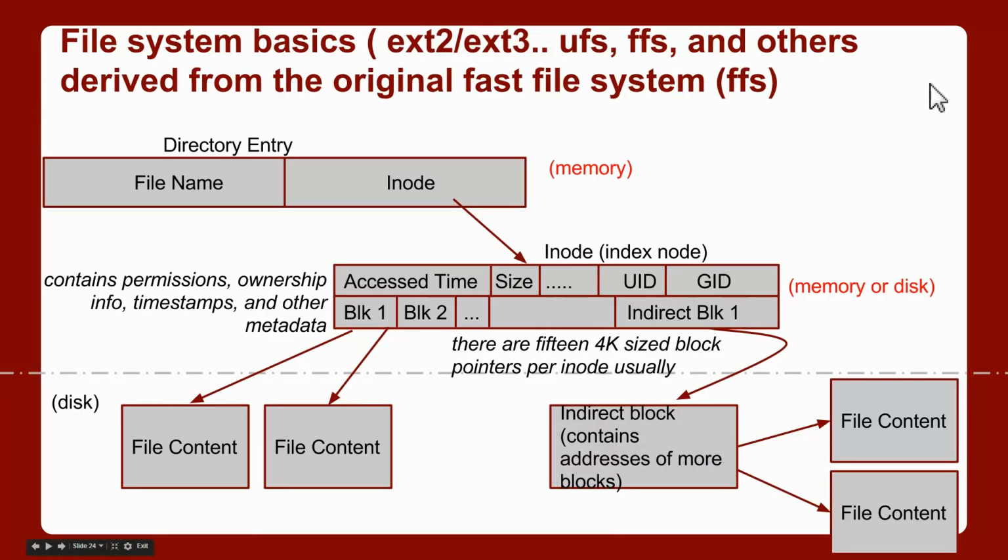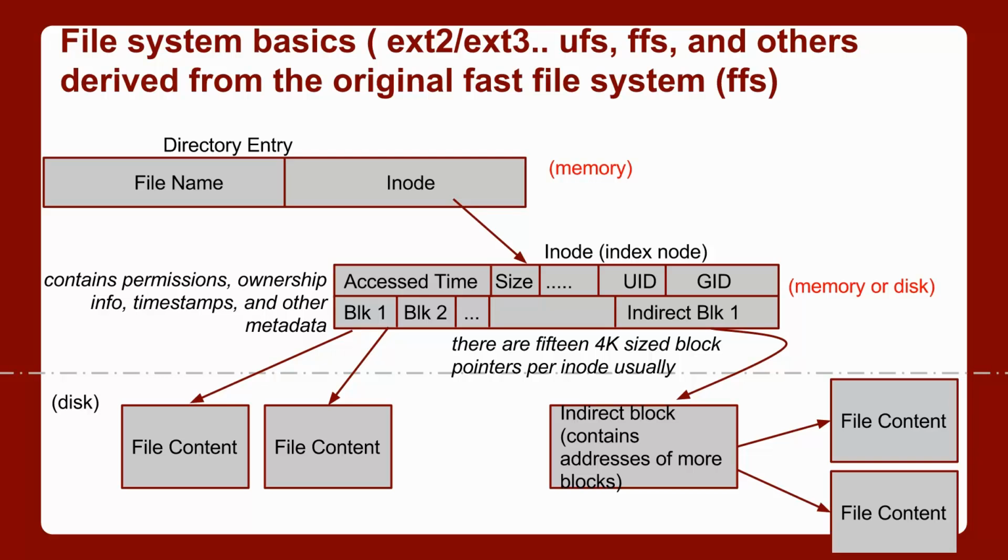So this is the basics of a file system, basically derived from the fast file system, which is one of the original Linux file systems. And many file systems derive most of their behavior from this implementation.